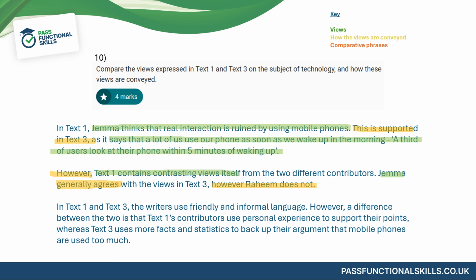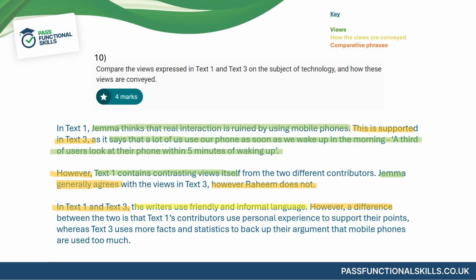Then in the next paragraph they've talked about the way these views are conveyed. So in text 1 and text 3, so showing that it's a similarity there, the writers use friendly and informal language. So that is a similarity.